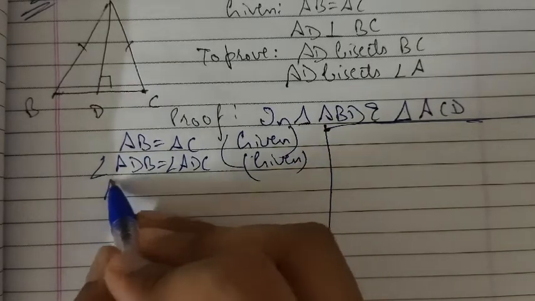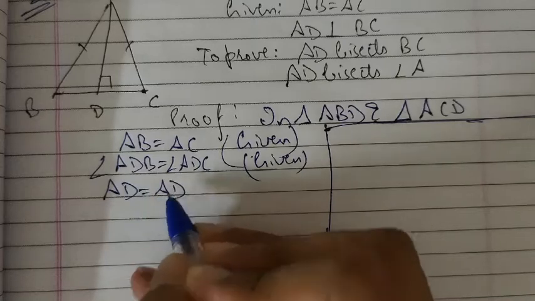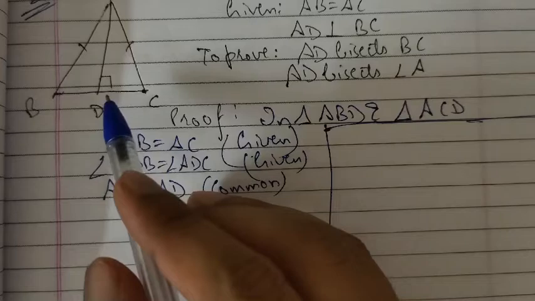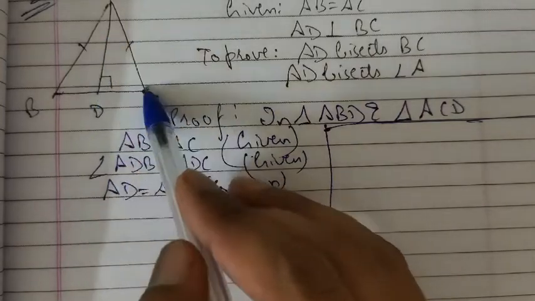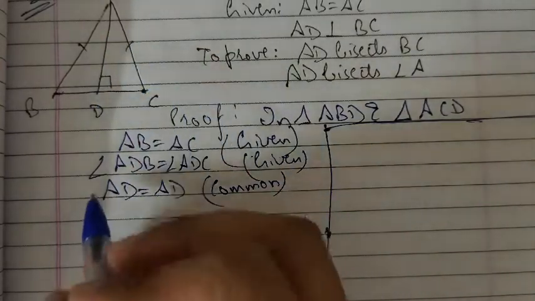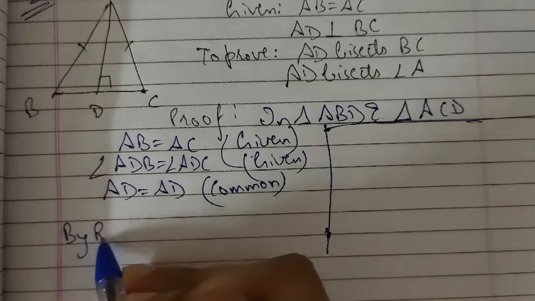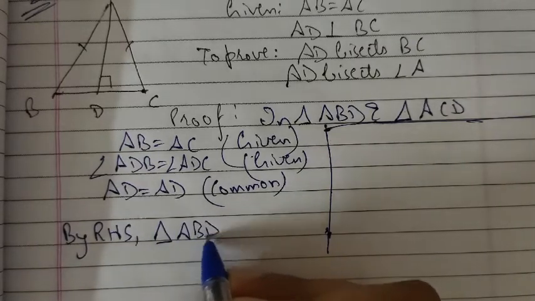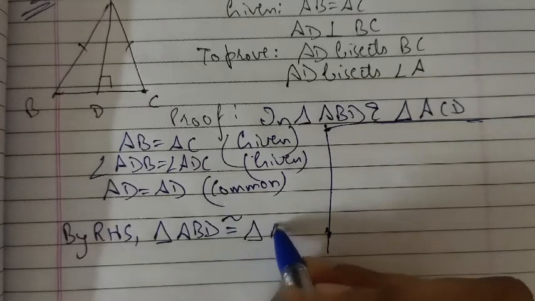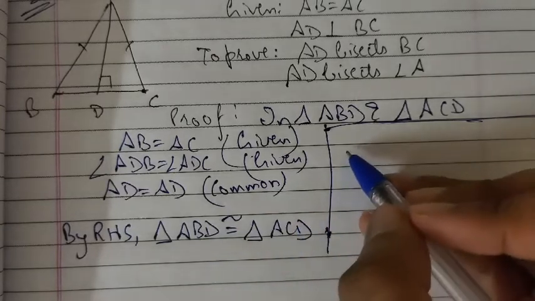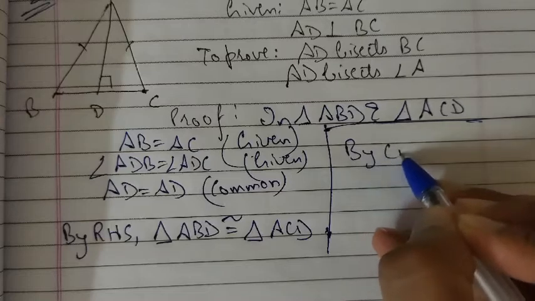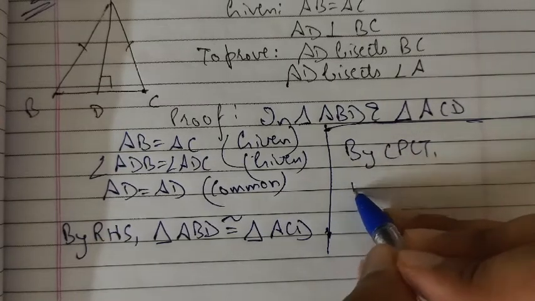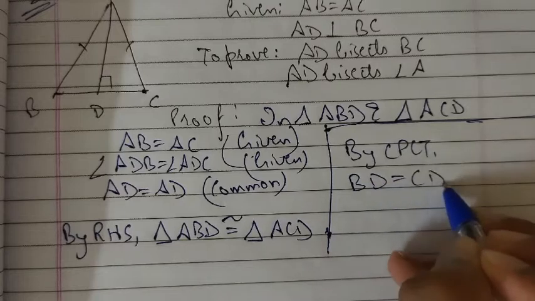And AD is equal to AD, common. So right angle, hypotenuse and side, that means by RHS triangle ABD is congruent to triangle ACD, right? So by CPCT, corresponding parts of congruent triangles, we can say BD is equal to CD.